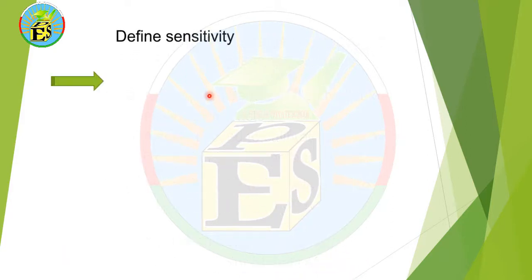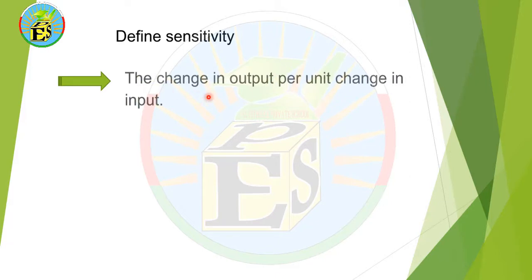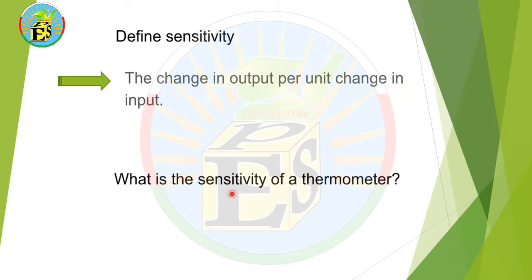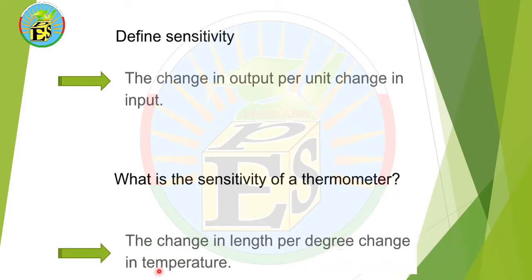Define sensitivity. The change in output per unit change in input. It means a little input change gives a value for output, or a measurement of the thermometer or apparatus. What is the sensitivity of a thermometer? Sensitivity is the change in length per degree change in temperature.